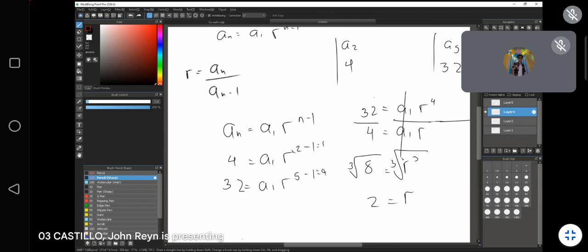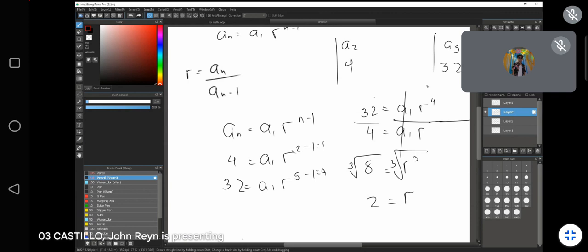It's never the opposite. It's not r over r raised to 4. It can never be that the denominator is larger than the numerator. Laging ganun, ha? Pattern yun sa ratio. O, sige, continue, John Rin.